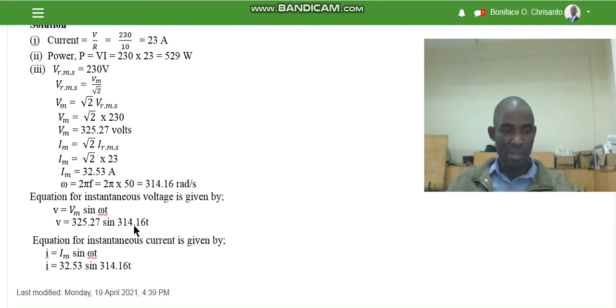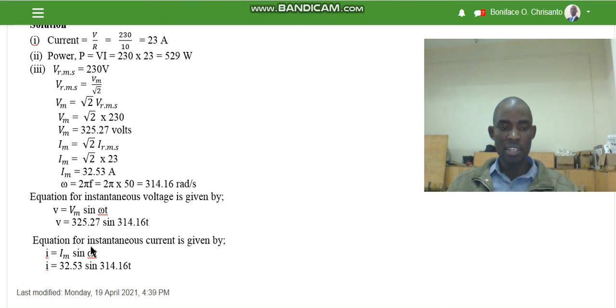You can now replace in this expression our Vm, which was obtained as 325.27, and omega, which has been obtained as 314.16. This gives us the instantaneous equation for voltage.